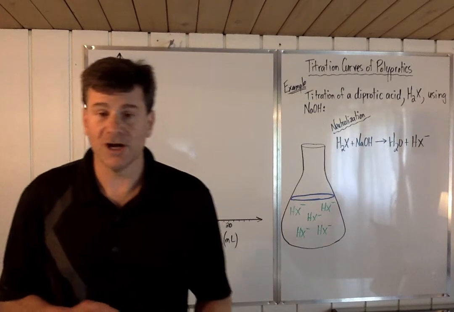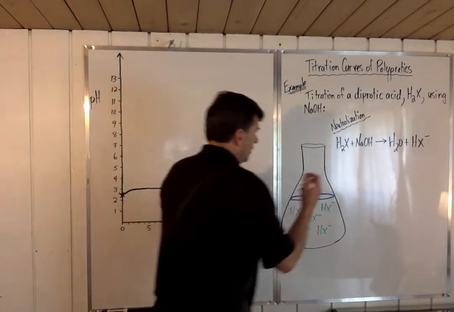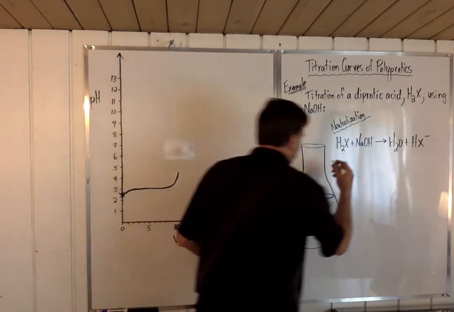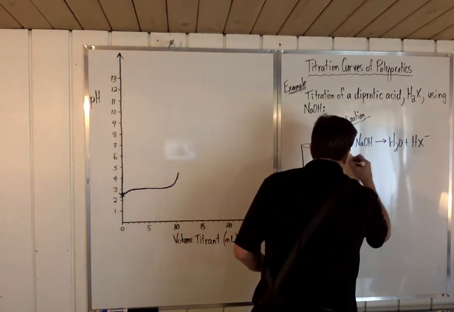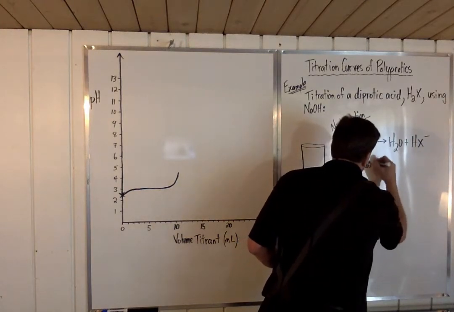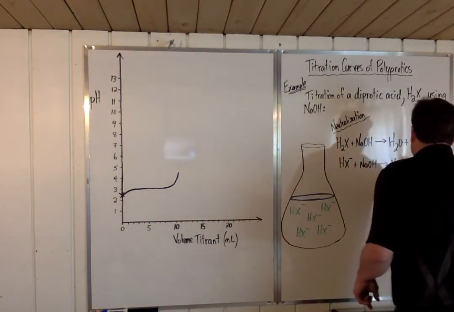one more sodium hydroxide, what it's going to do is it's now going to not react with any H2X, so I don't have any H2X anymore. It's going to react with HX minus, and we're going to form H2O.